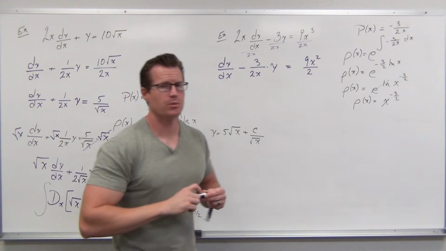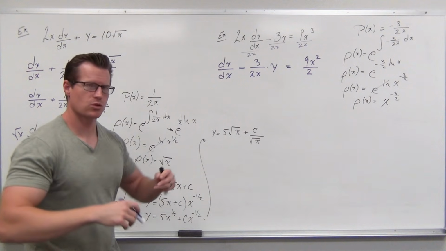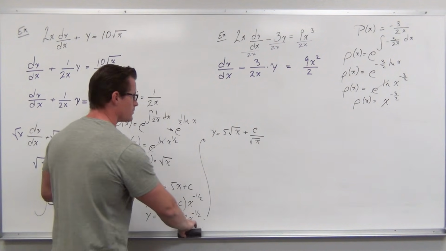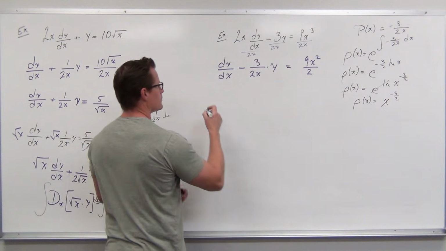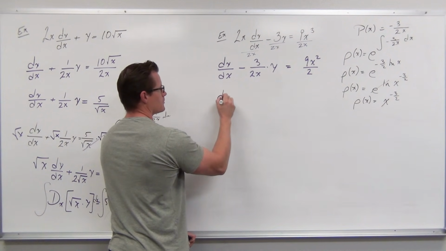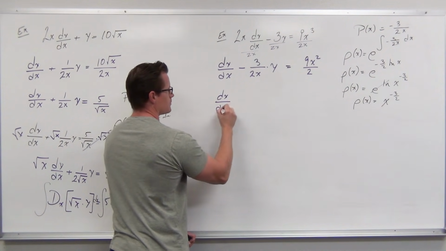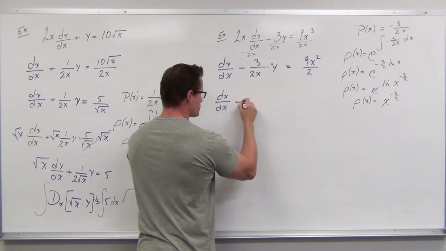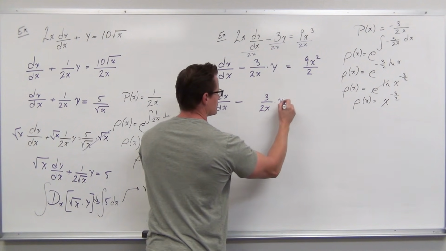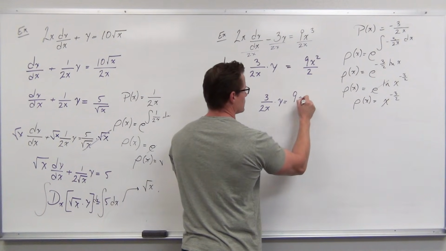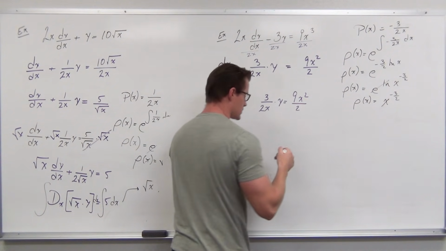That is what we have to multiply all three of those terms by in order to create the result of some sort of product rule. So let's do that.